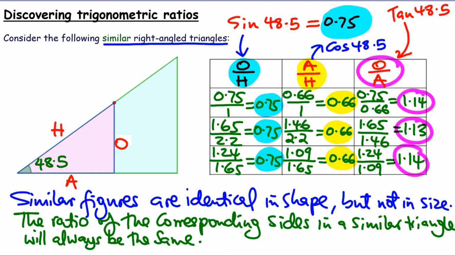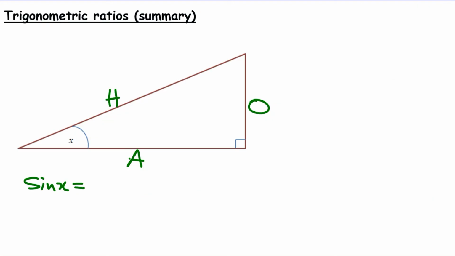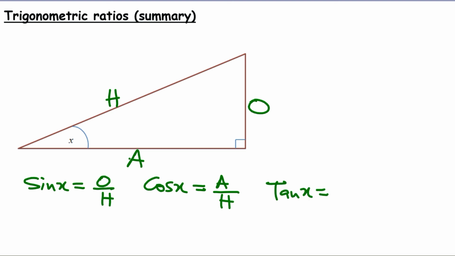It's opposite over hypotenuse. Cosine of x will be adjacent over hypotenuse, and that ratio will always be equal. And tan of x will be equal to opposite over adjacent.